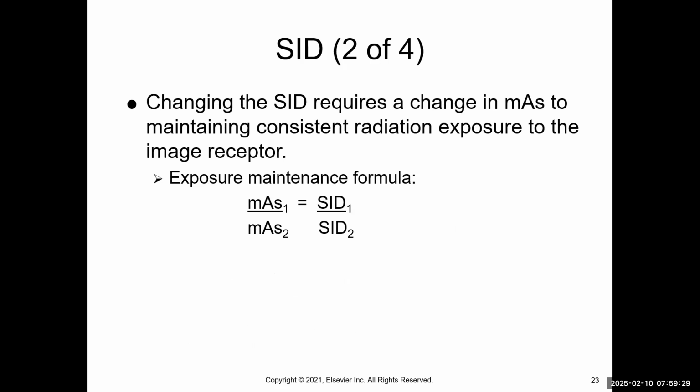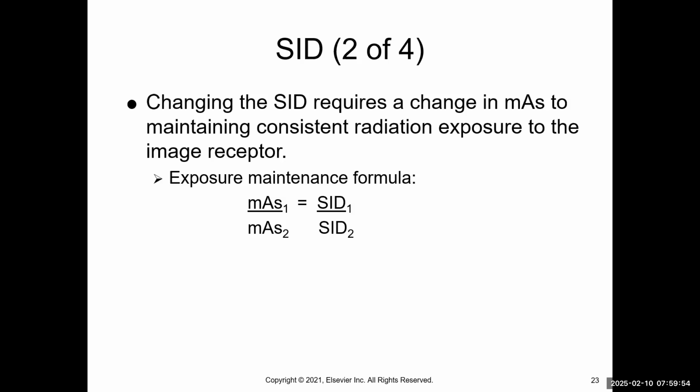All right, so here's the formula. Changing the SID requires a change in mAs to maintain consistent radiation exposure to the IR. So this is the exposure maintenance formula. So what kind of relationship is this? Direct, because it's saying if your distance goes up, then your mAs has to go up.